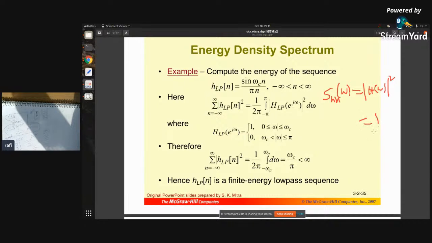So this is 1 for mod omega less than omega c, and it is 0 otherwise. So this is the energy spectral density.